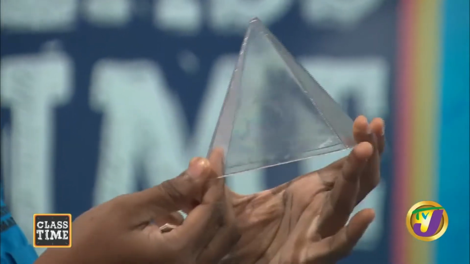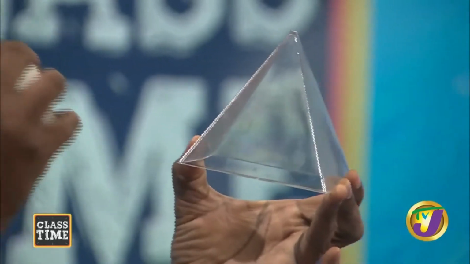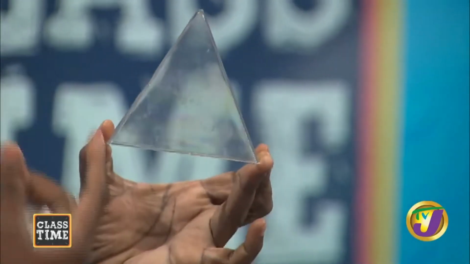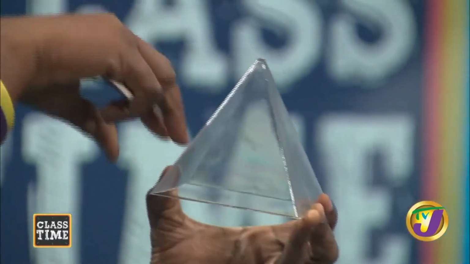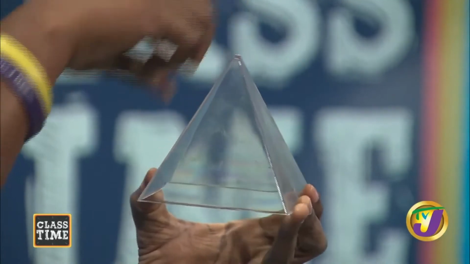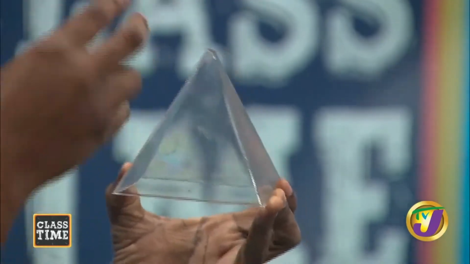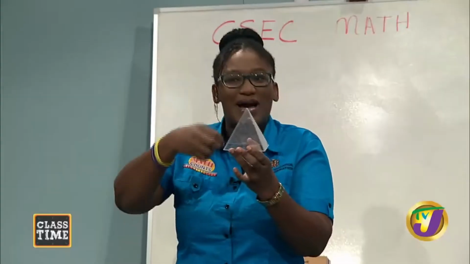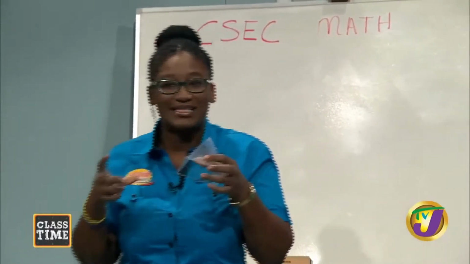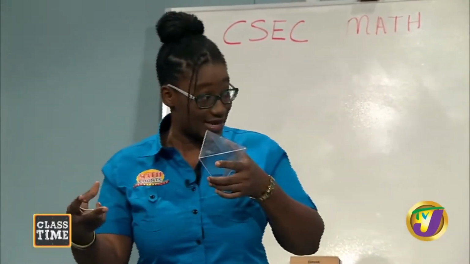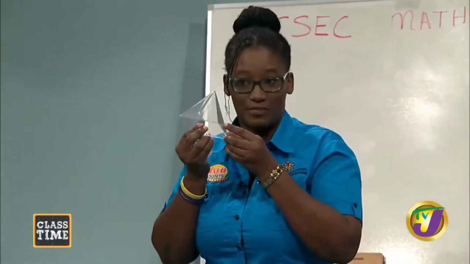But I'm not getting the same size square right throughout, because it's coming up to a point. The square shape is getting smaller and smaller until it gets to the top. So that's a very important distinction between the prism and the pyramid.